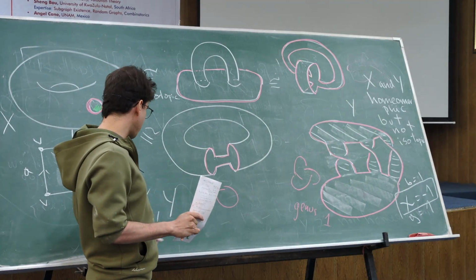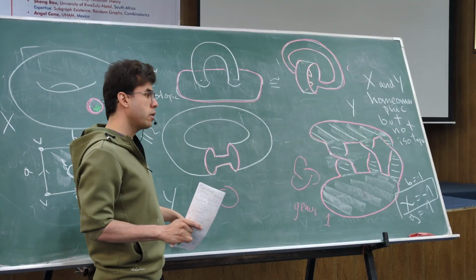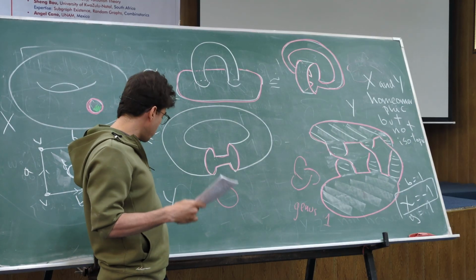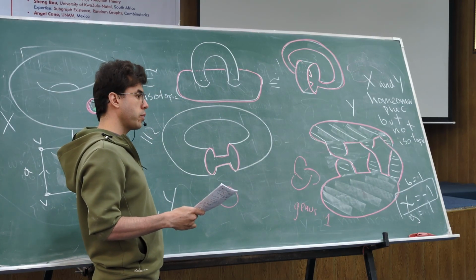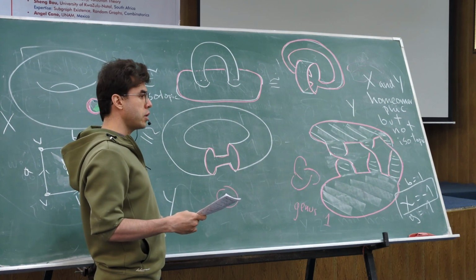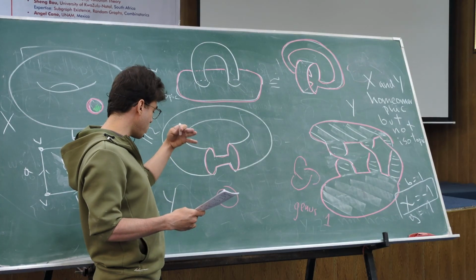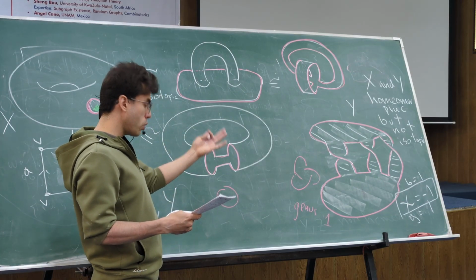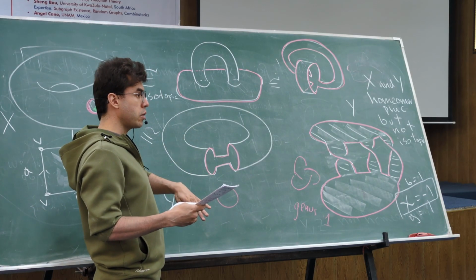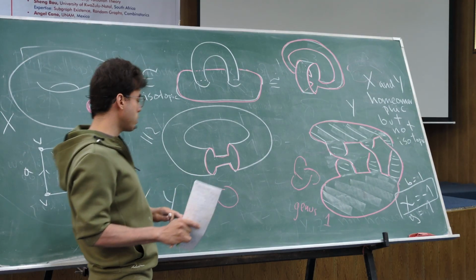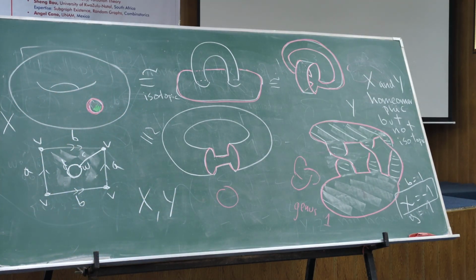But moreover, if they are isotopic, then the boundaries are isotopic. So this relation of being isotopic goes to the boundary, like homeomorphism also. If boundaries are the same, it doesn't mean it is isotopic, just like this example.